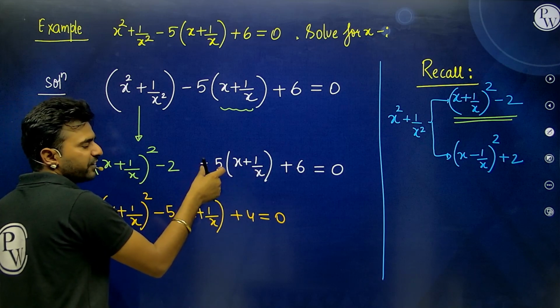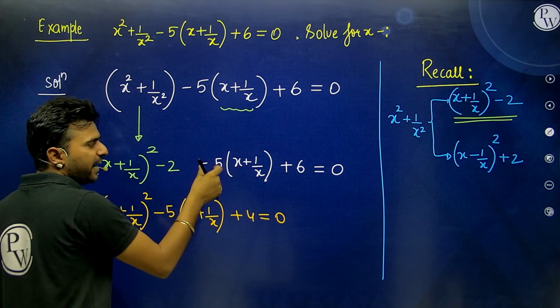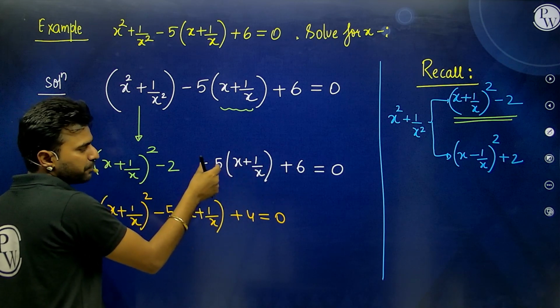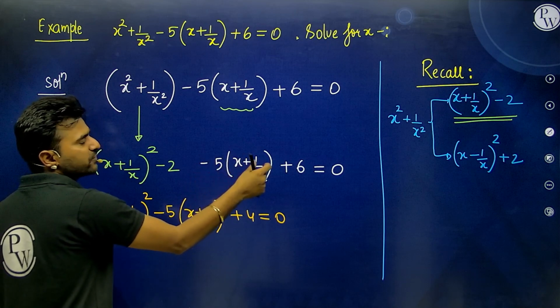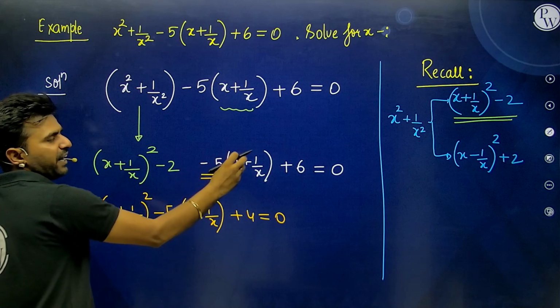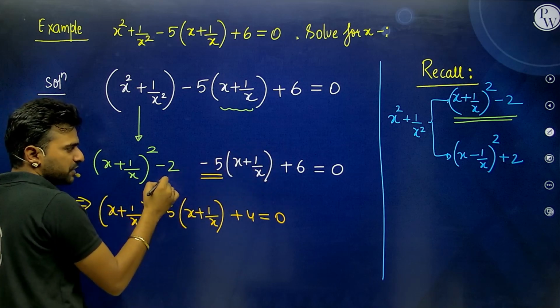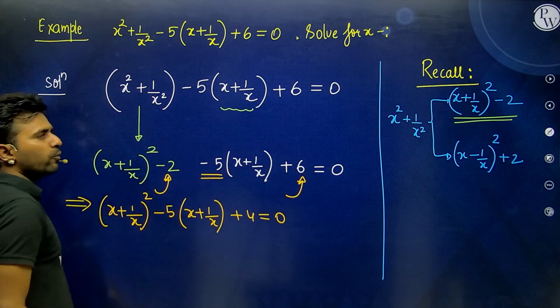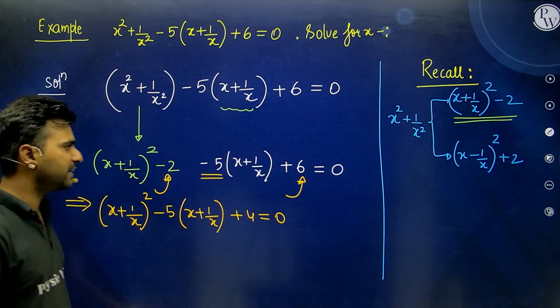It is getting multiplied both with x and with 1 by x, so it is not a constant term. The constants are this one and this one, so we have clubbed these two terms and written over here as 4. I hope you guys are fine with this.